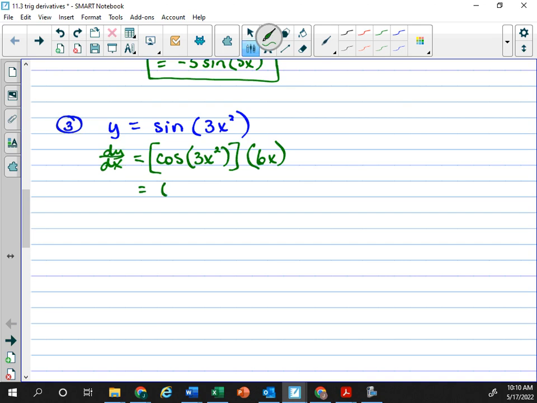Okay, so your answer is 6x cosine of 3x squared. Good? You're like, I can do it, I just don't really like why? Yeah. Okay, all right. Step 1, let's make sure you can do it. Anybody questions?